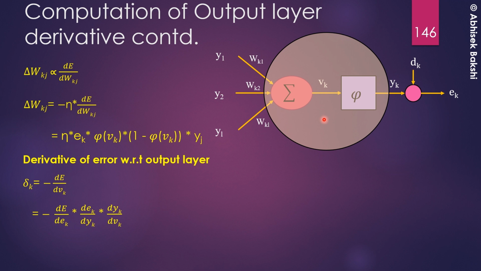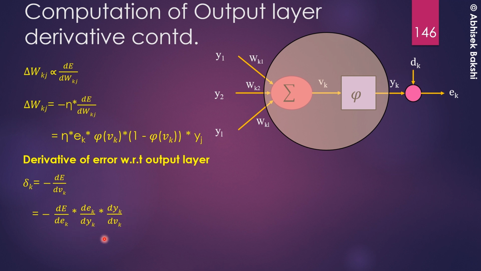The thing is, if you want to calculate the derivative of error with respect to vk, you cannot do it directly, because this error is not directly connected with vk. You have to go through the chain rule again. That is the derivative of error with respect to small ek, the derivative of small ek with respect to yk, and the derivative of yk with respect to vk.